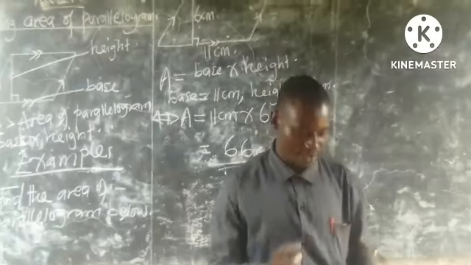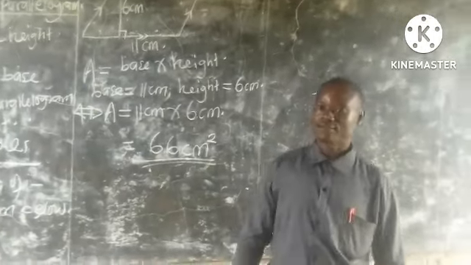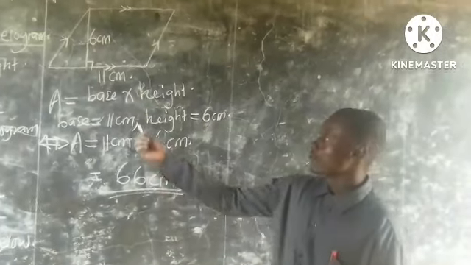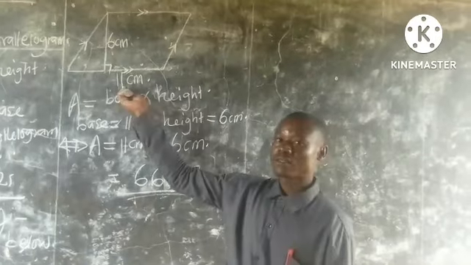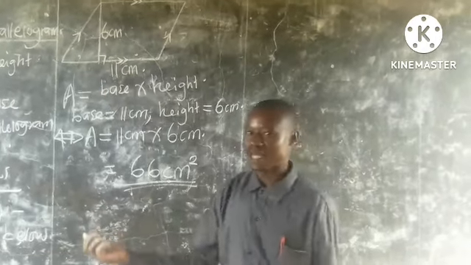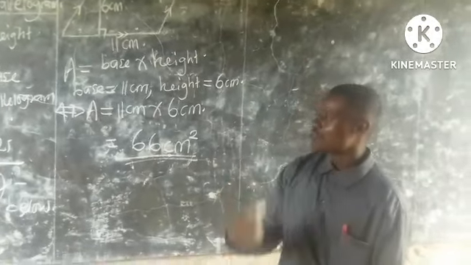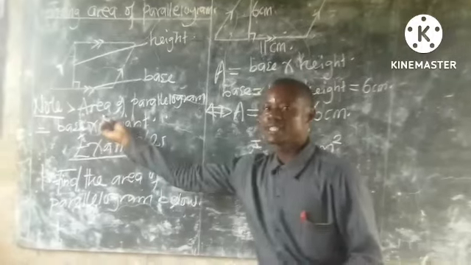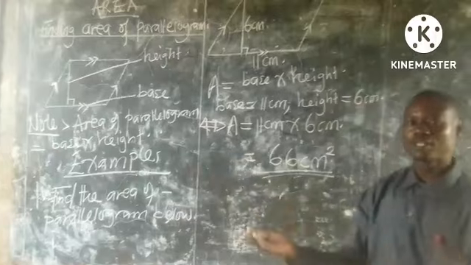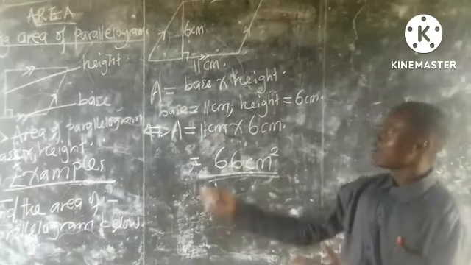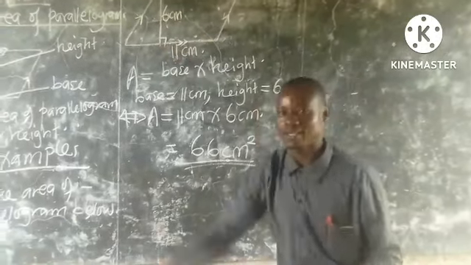You will draw your parallelogram the way I've illustrated. You choose your base; you may say your base is 15 centimeters, and your height maybe 8 centimeters. Then from there, you use the method that we have discussed: area equals base times height. And you know how to discover the base and the height. From there, you substitute the values of the given base and height respectively.